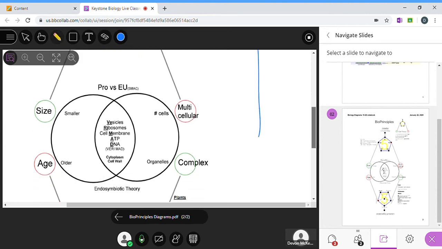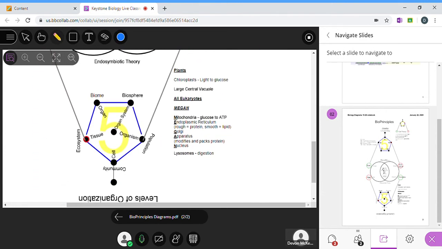All eukaryotes have everything in this list. So plants included, all eukaryotes, including plants, do. Megan L, all eukaryotes, plants included, have Megan L. M in Megan for mitochondria.